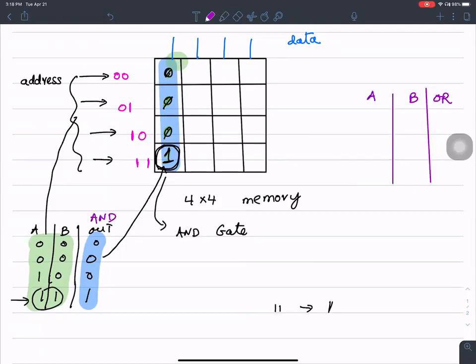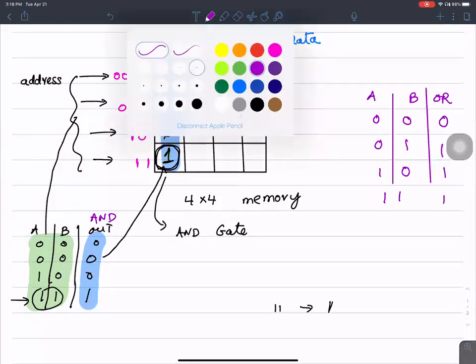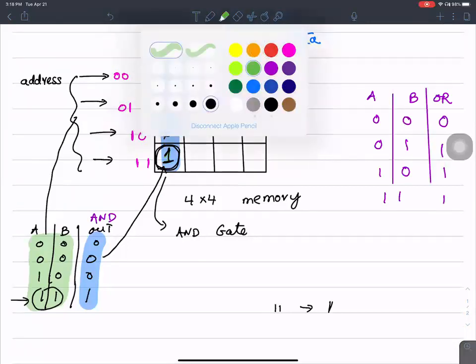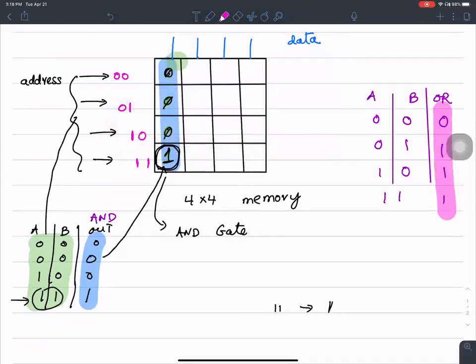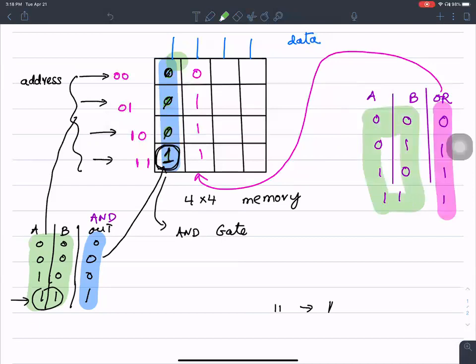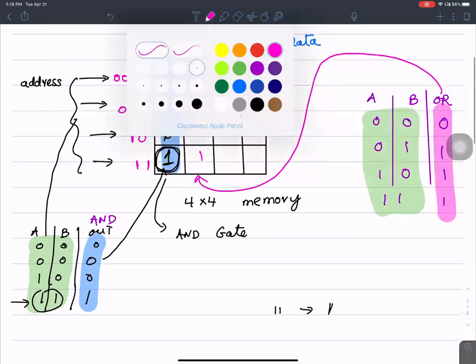For an OR gate, I can do the exact same thing. What I do is I take the output values and store them in memory locations. So I'm going to write 0, 1, 1, 1. And the inputs are applied as the address lines.